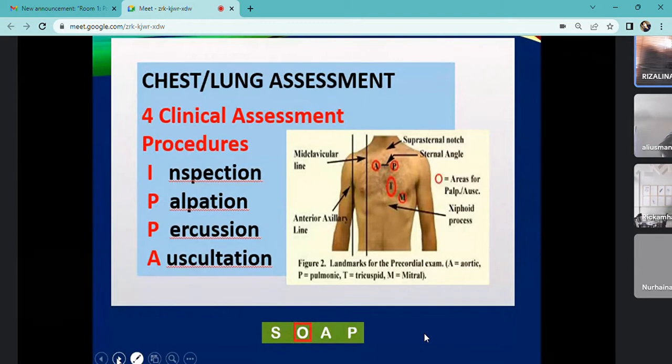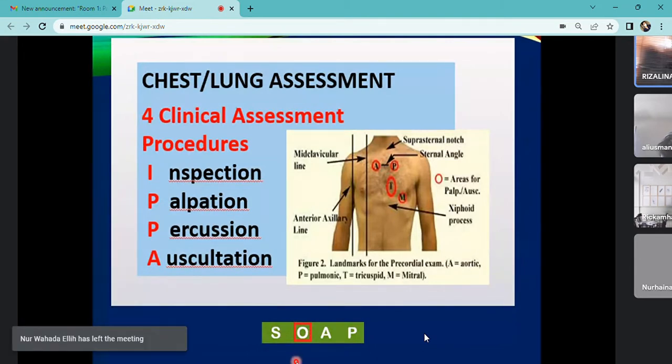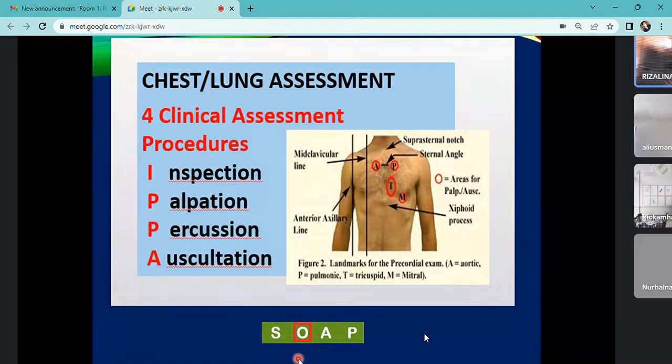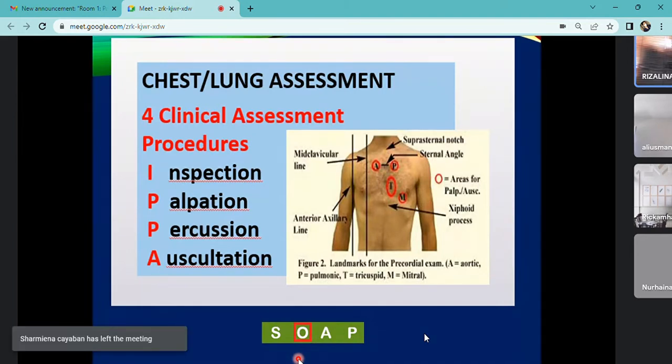Next, we have under objective findings pa rin tayo as we continue in the 4 clinical assessment procedures. So as respiratory therapists, we are only focusing on the chest lung mechanism. Pero, tinitingnan din natin yung extremities niya for circulation and for perfusion and oxygenation, di ba? Kaya, kasama yan sa inspection natin.